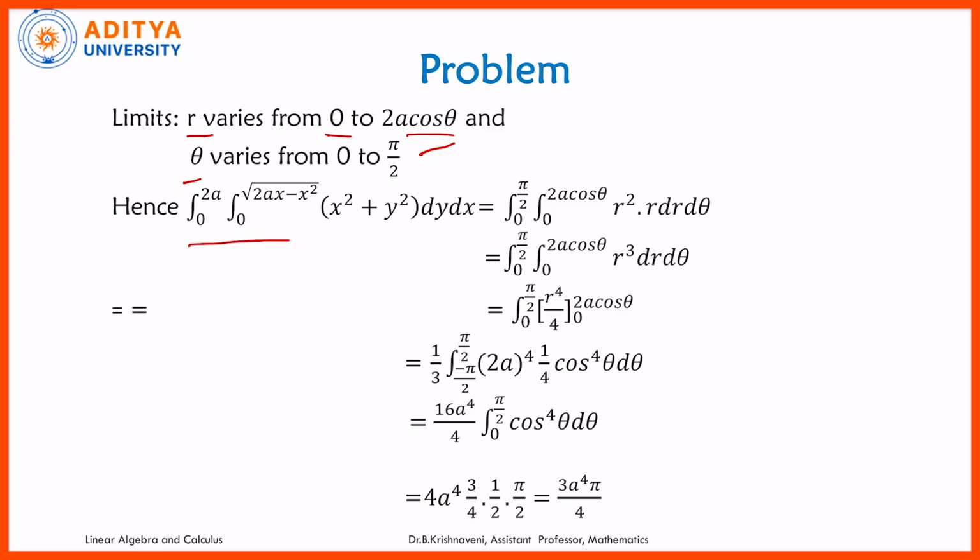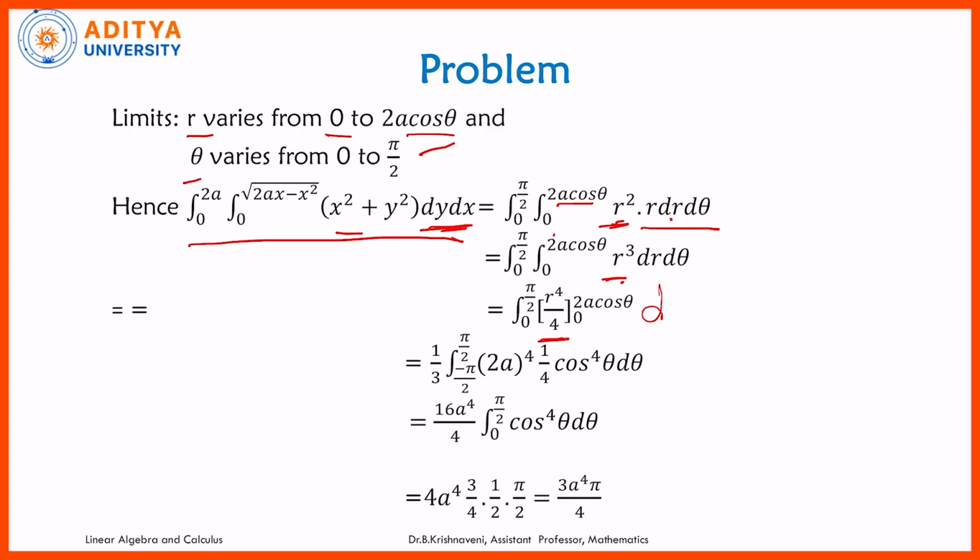So hence the given integration, integral 0 to 2a, integral 0 to root of 2ax minus x square, of x square plus y square dy dx, becomes integral 0 to pi by 2, integral 0 to 2a cos theta, of x square plus y square, that is r square, with dx dy replaced by r dr d theta. Now r square into r is r cube. Integrate first with respect to r. R cube integrates to r power 4 by 4.